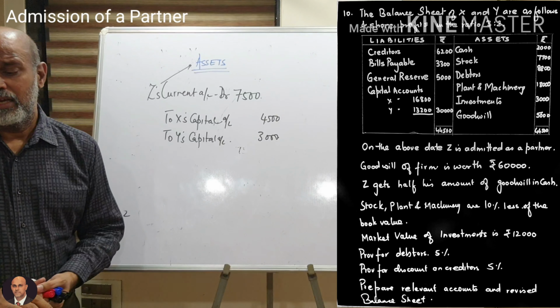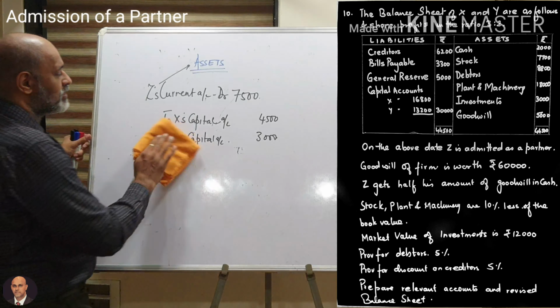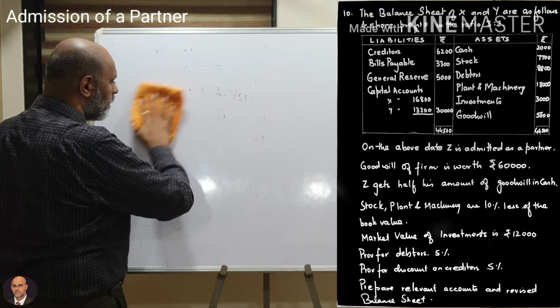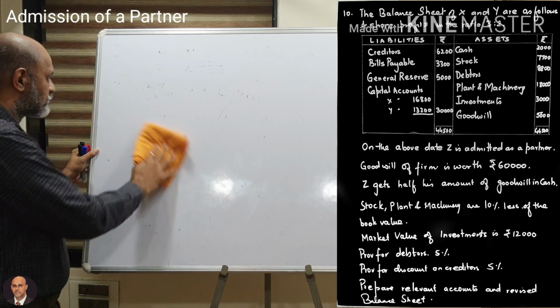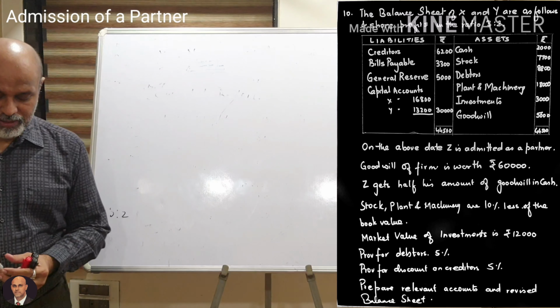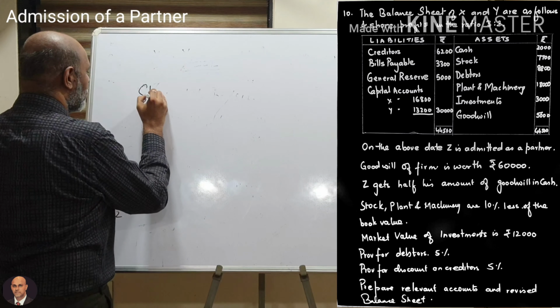They have written in the sum, stock, plant and machinery are 10% less than the book value. I shall not discuss it with figures, since you all know how to do it. So stock, plant and machinery are assets. Let's take for example stock.